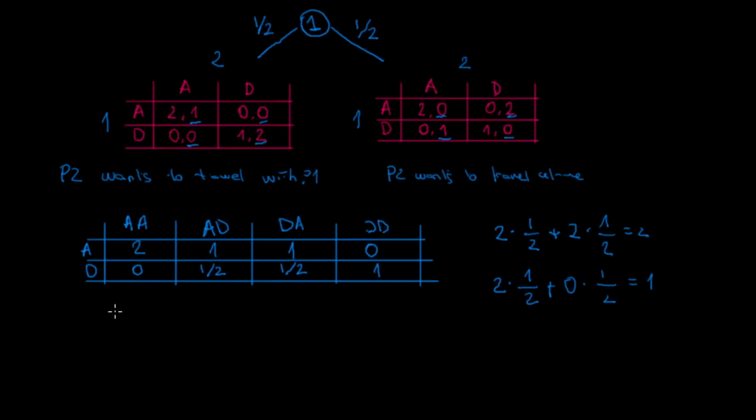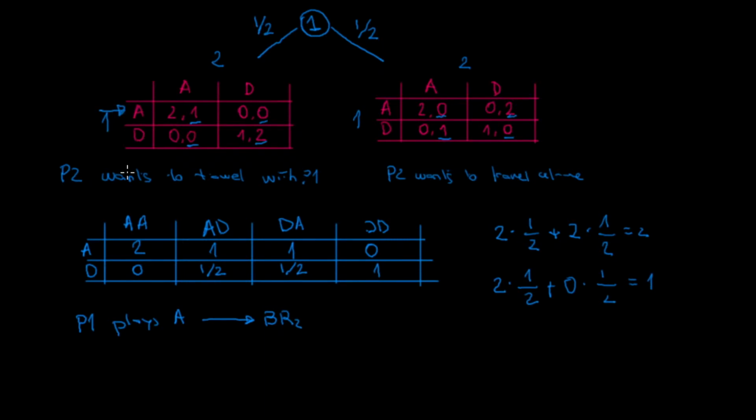Now, to compute the Bayesian Nash equilibrium, let's say that player 1 plays Australia. What is going to be the best response for player 2? We are here, Australia.